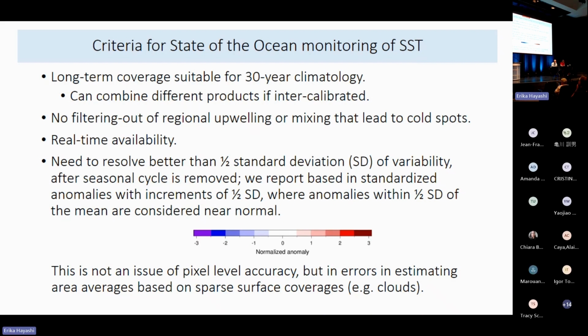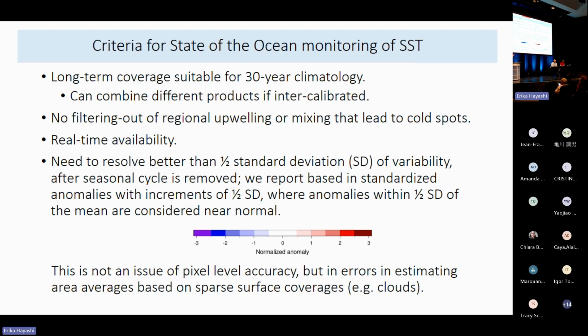No filtering out of cold anomalies due to mixing and regional upwelling, recurrent upwelling spots. And this will come up a little bit later. Of course, real-time availability, like next day, is another issue here. And we need to resolve half a standard deviation because we usually report on this sort of color palette.